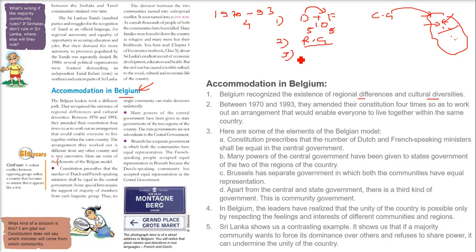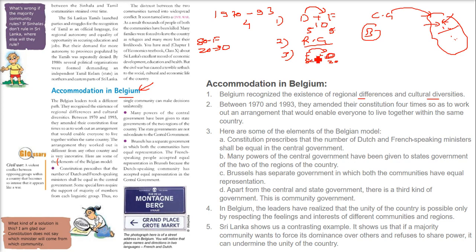Now the third thing in this model was Brussels, because Brussels has 80% French and 20% Dutch. So Brussels has its own government. Again, the French and the Dutch have equal representation. Now why did the French allow this, because they were 80% and the Dutch only 20%?